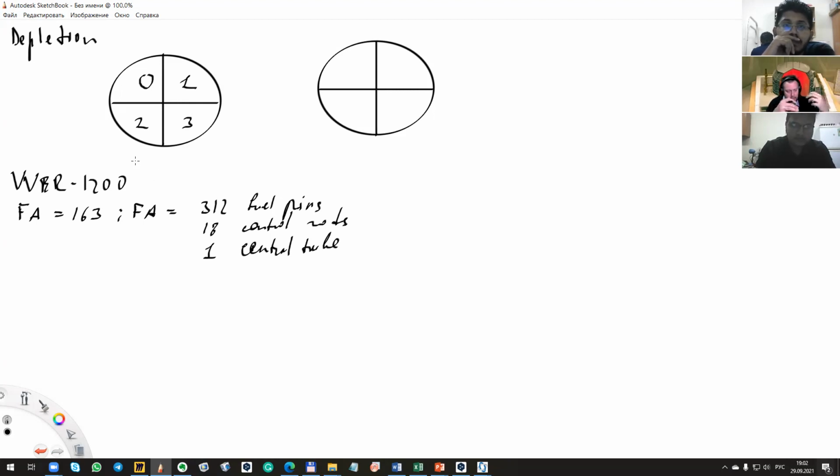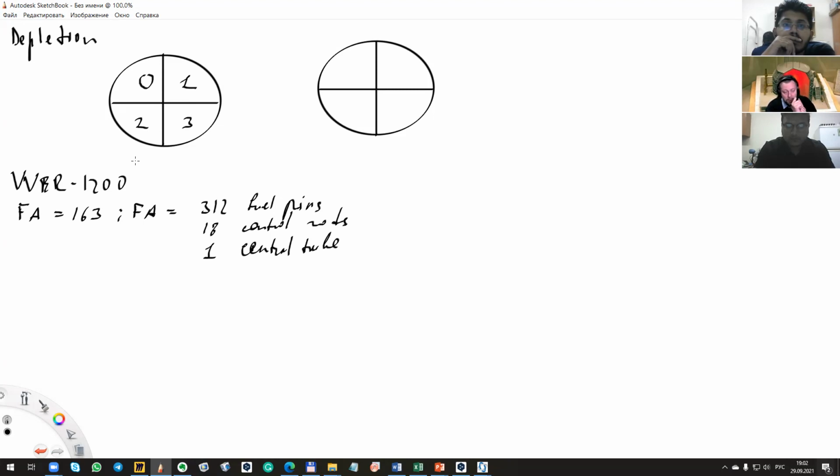They are distributed through the core with certain ideas. At this stage of our calculations, it doesn't matter how they are distributed, because we use cell calculations.